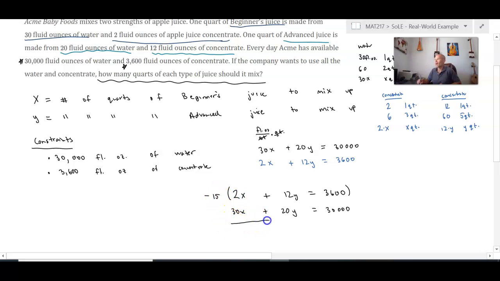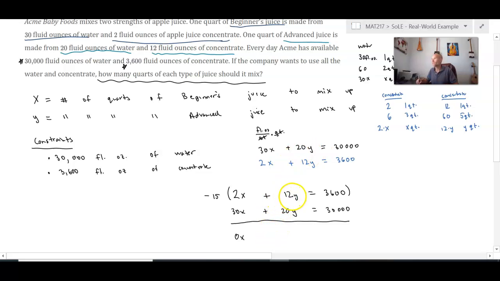And if I add those together, I can alter that second equation. So negative 15 times 2x is negative 30x, plus 30x is 0x. And negative 15 times 12, we can do that in our calculator if we want, comes out to negative 180.